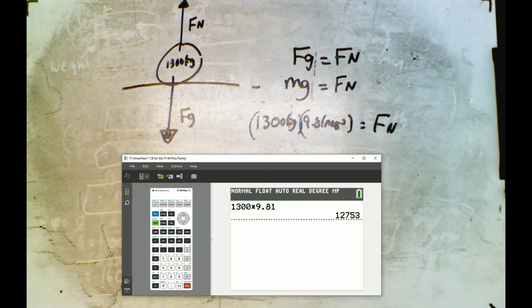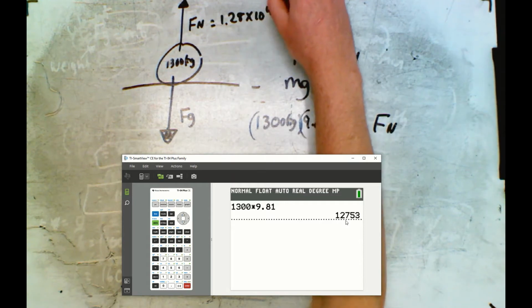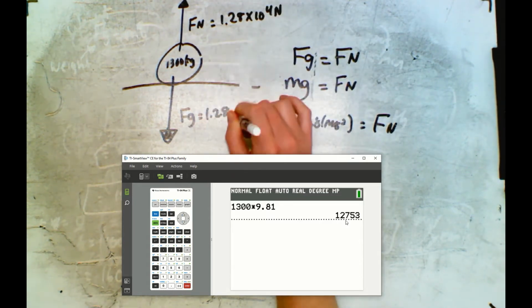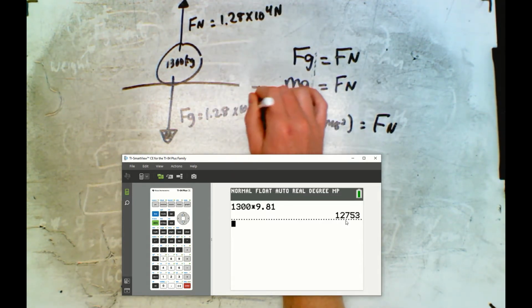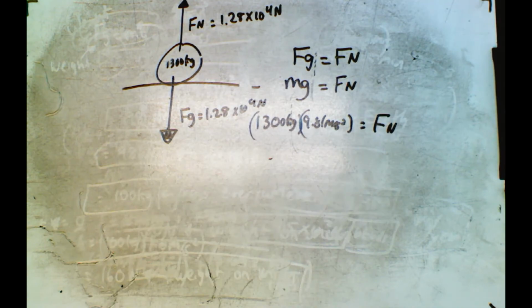This has 4 sig digs, but as long as we're using this, we have 3 sig digs, so we'd want to answer to 3 sig digs. So my force normal would be 1.28 times 10 to the 4 newtons, and this would also be 1.28 times 10 to the 4 newtons. So both of those would be 1.28 times 10 to the 4 newtons, and that's how you'd solve that question.